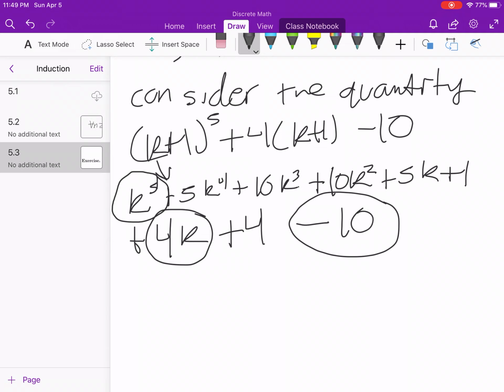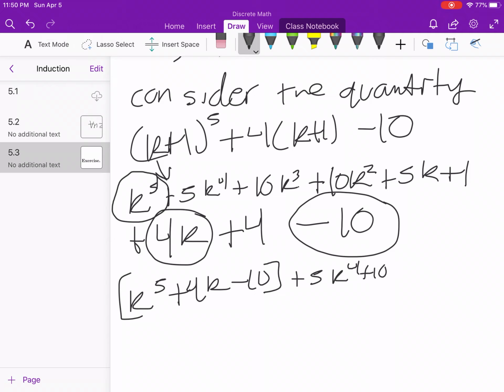Well, if I bring these out here, k to the 5th plus 4k minus 10, and keep those by themselves, and then group the rest of the stuff over here, 5k to the 4th plus 10k cubed plus 10k squared plus 5.